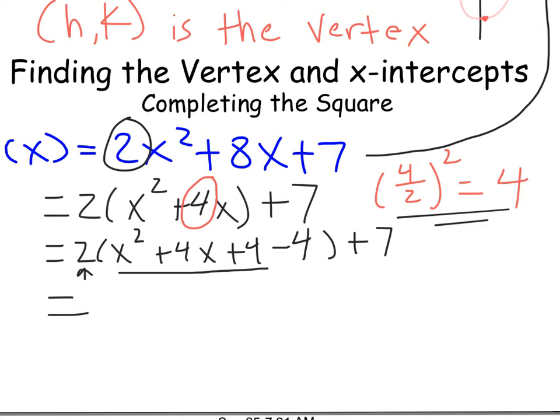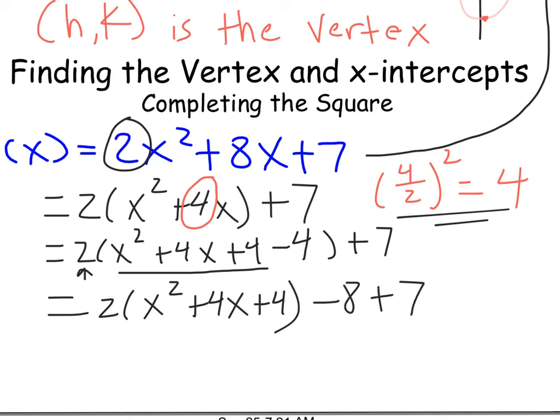Before I kick out the minus 4, I have to multiply it by 2, which means I will get this, x squared plus 4x plus 4. That's what I was looking for this whole time. And now on the outside, after it gets multiplied by 2, I now have a minus 8.